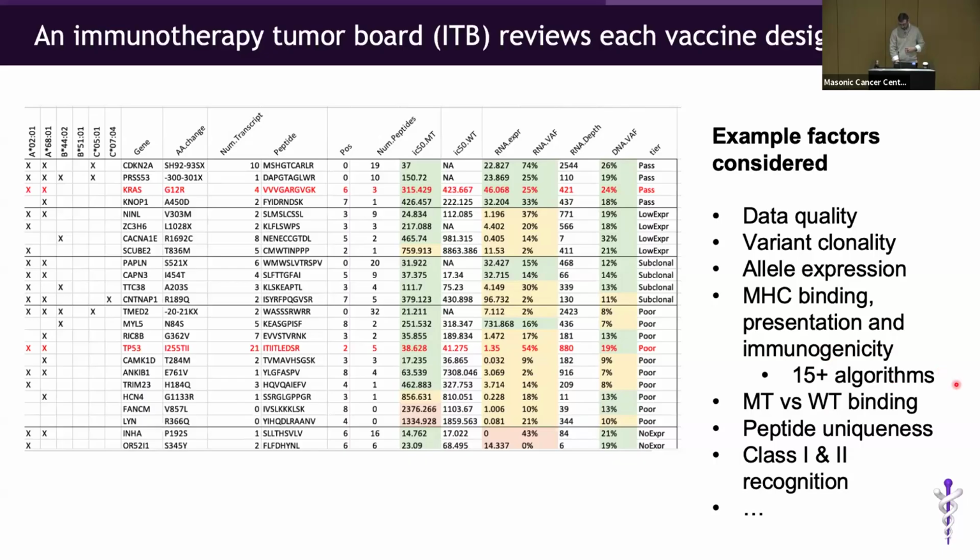We have over 15 algorithms asking different parts of these questions, or in some cases competing algorithms that try to get at the same thing, and we try to get a sense of how robust the predictions are by inter-algorithm agreement, whether the mutant and the wild type version are both bound and whether that matters, how unique the peptide is, whether there's both class 1 and class 2 recognition, and so on.